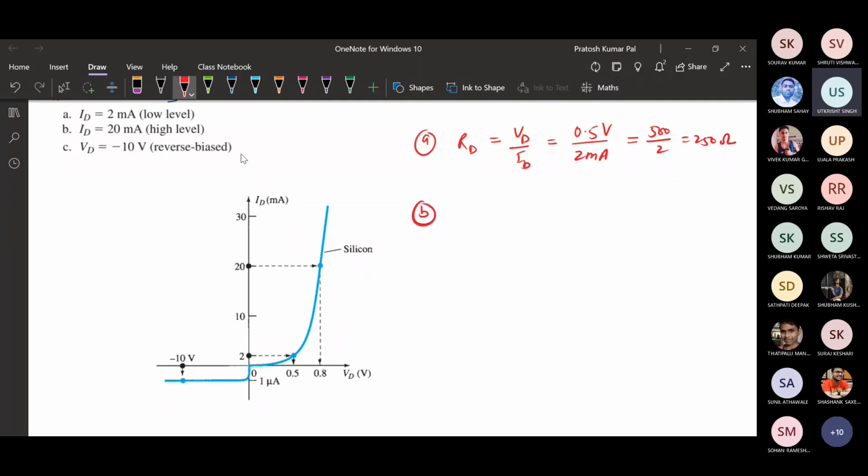The next case is ID equals 20 milliampere. What will be the value of VD? From there we can find out RD. It is 0.8 volts divided by 20 milliamperes, so 800 divided by 20, which equals 40 ohms.